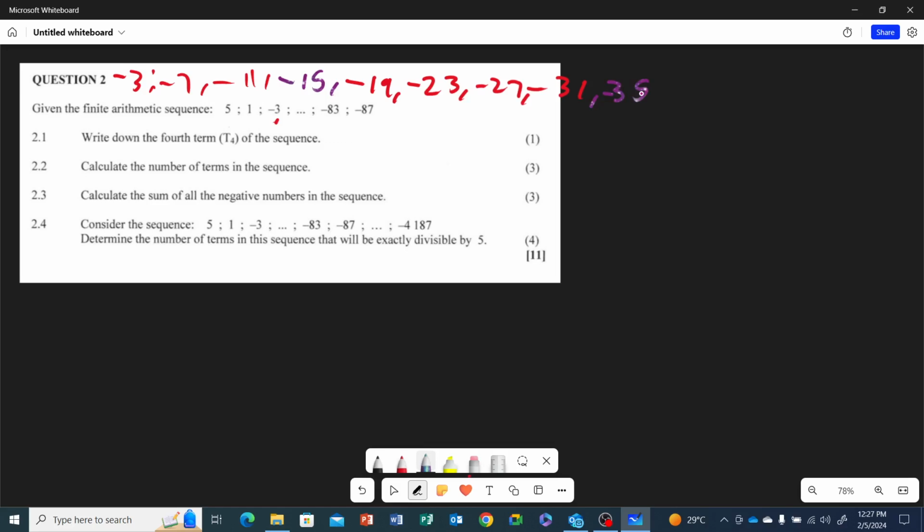So the first term is 5, then 15, then 35.